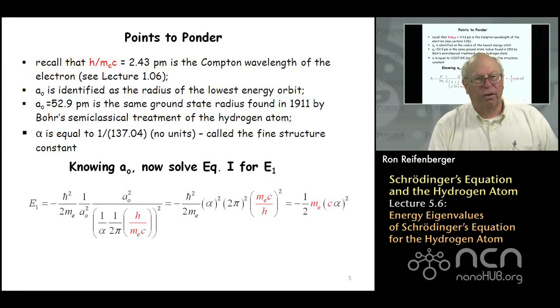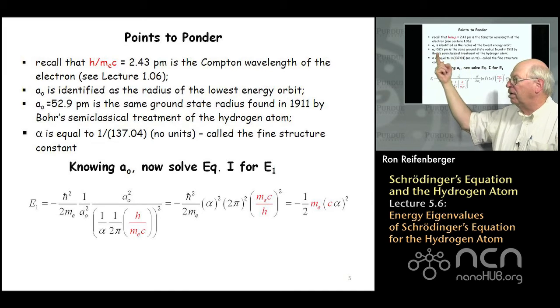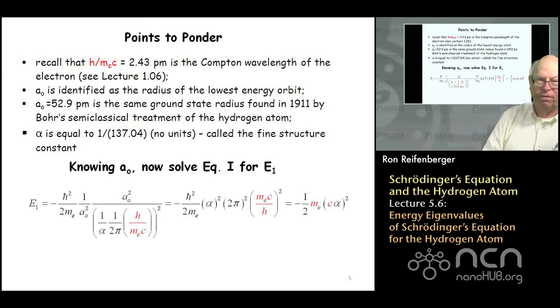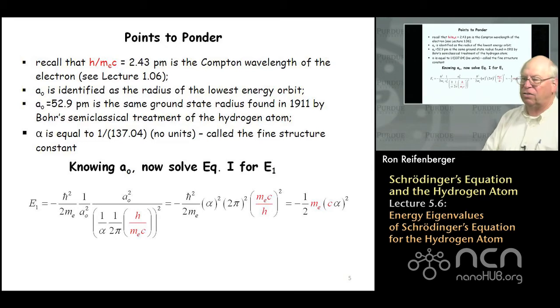For those of you that remember the first week of lectures, this value for the first quantum radius in Bohr's model also was precisely equal to 52.9 picometers. So the radius of Bohr's first circular orbit for the electron in the hydrogen atom, that value is actually recovered from Schrödinger's equation.